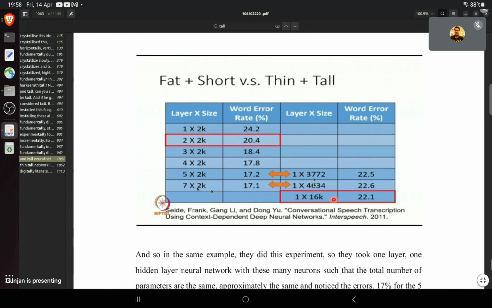In the third column, the depth is one, so it is a very shallow network, and the size is crazy, like 16K. So 1 by 4634 is a short and fat neural network.